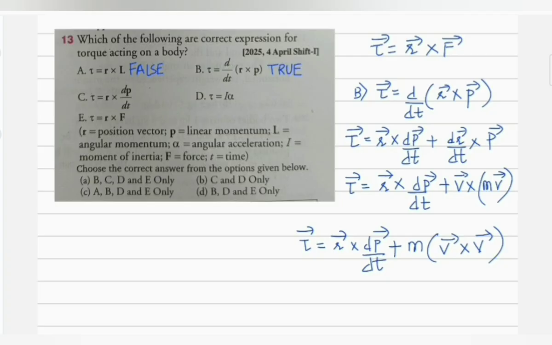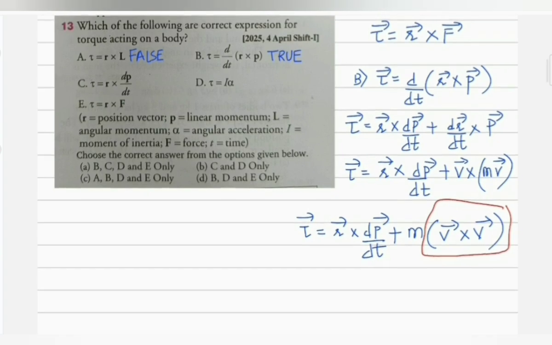Now v vector and v vector are two parallel vectors, and for parallel vectors the cross product is 0. That is the reason I can say tau vector equals r vector cross dp by dt, plus 0.